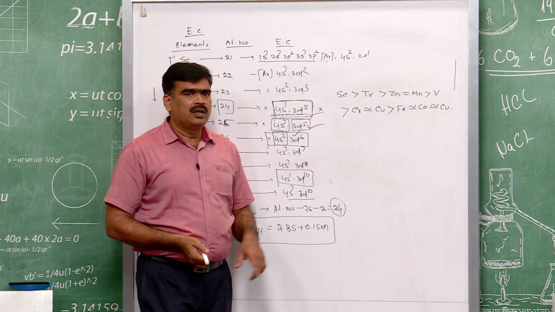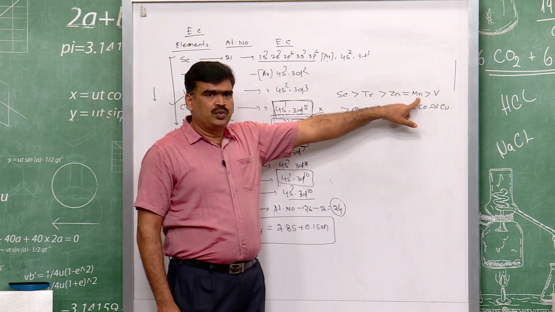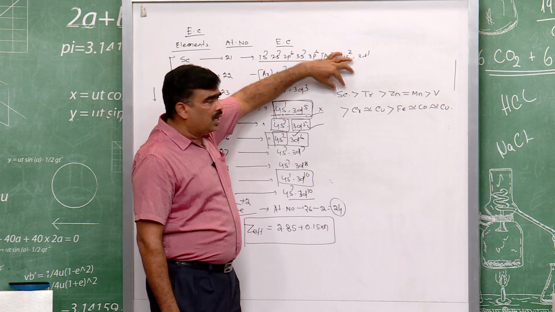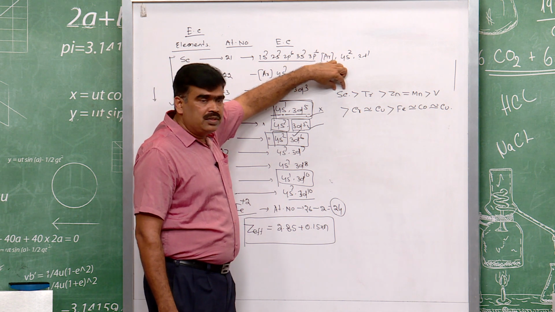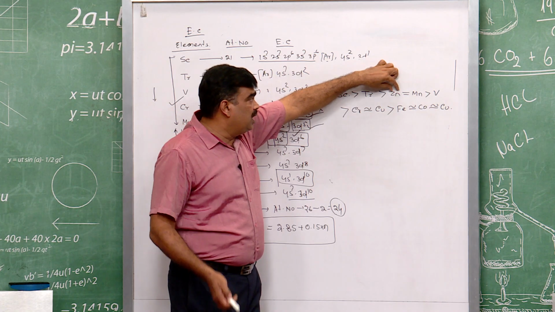How will you remember? स्कूटी में जिंक के साथ मैंगानीज, स्कूटी में जिंक के साथ मैंगानीज. Look, atomic size decreases: scandium has a higher atomic size, titanium, then comes zinc, which again increases, so zinc has a higher atomic size.